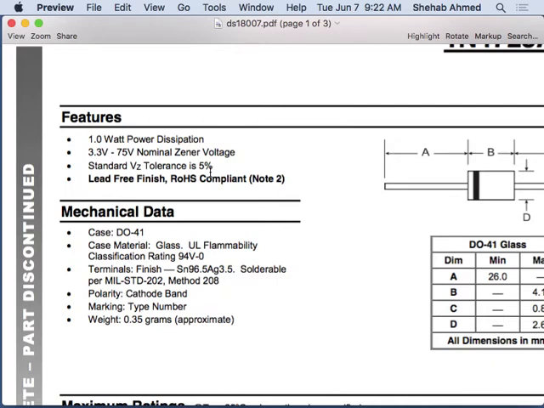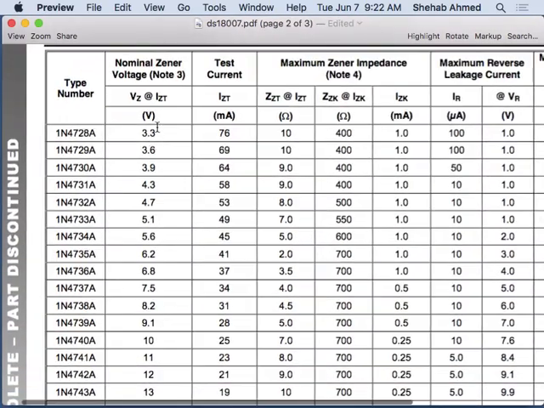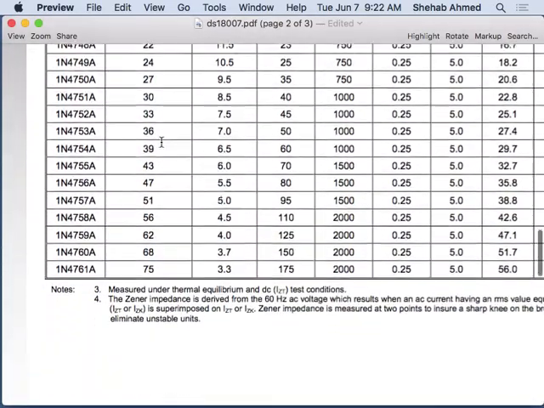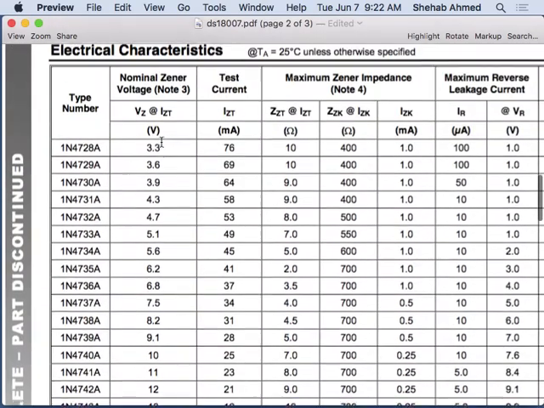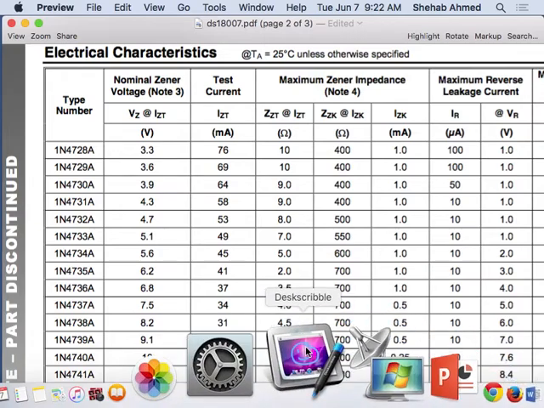But diodes that are optimized to operate as Zener diodes can have very large ranges of Vz values, okay? And this set of diodes here give you many different values of Vz, right? And they give it to you at a specific value of current, of course, right?